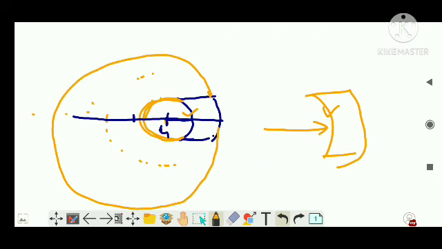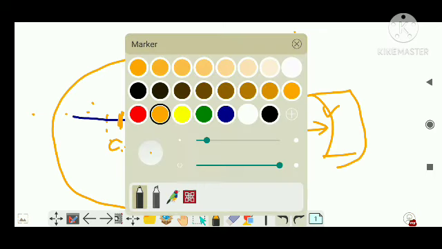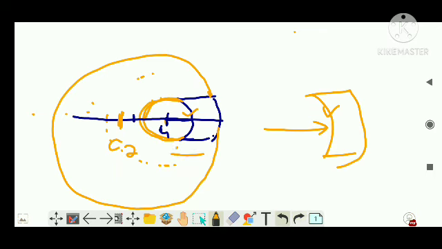So this becomes C2, the center of this bigger circle, for this surface. Clear? Now the distance is always measured from here, from this O. So this is R1, and this is R2. Clear?